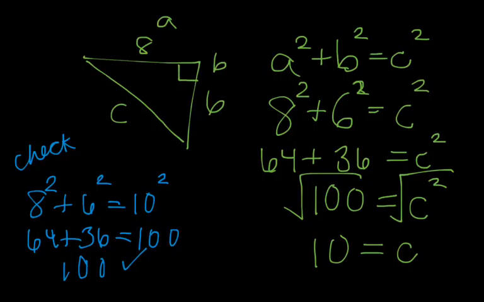Okay, now we're going to take a look at an example. What happens when things don't work out perfectly? Okay, so this will be example 3. I didn't label the last one, so go back and label that.